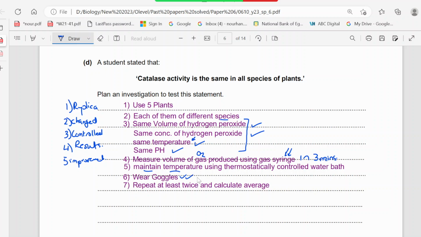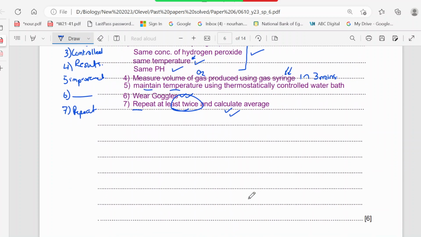Safety precaution, wear goggles, and then repeat. آخر حاجة repeat at least twice and calculate the average. يبقى ده design an experiment. Okay.